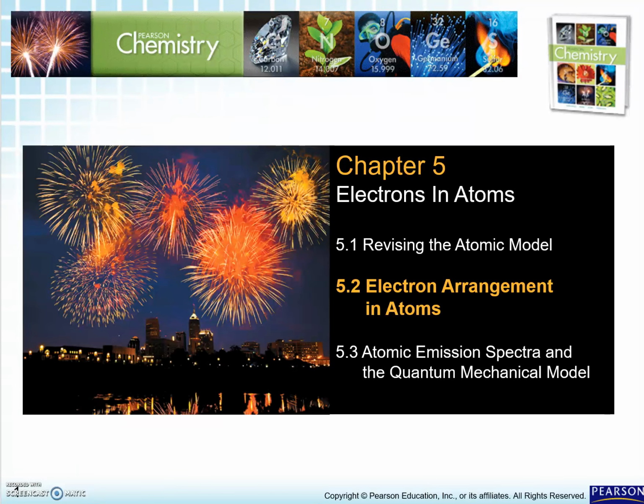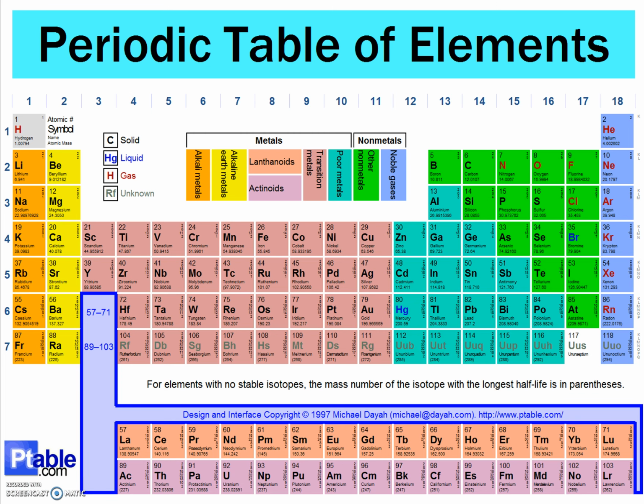Everybody. So last time we talked about how we can use orbital diagrams to figure out where our electrons are living, and we can use that periodic table of elements. If you remember, we have the S block here on the left. We have our P block, which is right here.